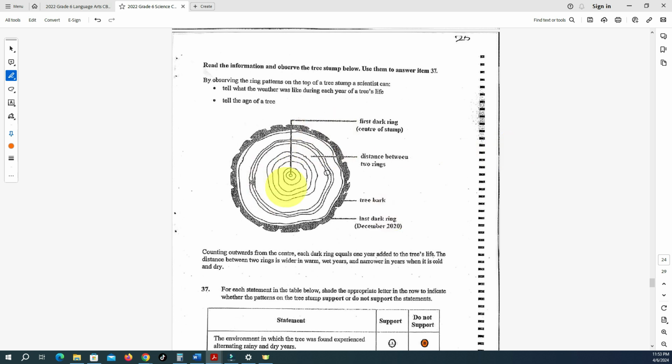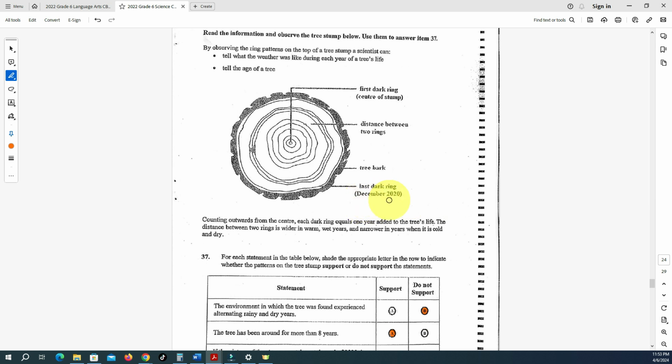So let's look at the stump. This is a stump. This is the middle part of it. First dark ring, center of stump is right here. Distance between two rings right here. These little things are distance between the two rings. The tree bark is right here, and the last dark ring is right here. All right, and this is December 2020.